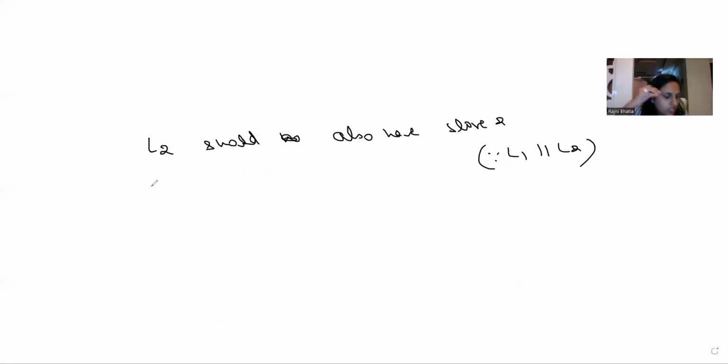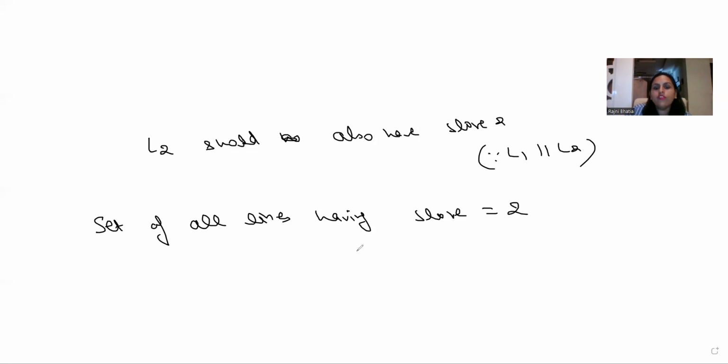So the question was, find the set of all the lines related to y equals 2x plus 4. So we will write: set of all lines having slope equal to 2 are related to y equals 2x plus 4.